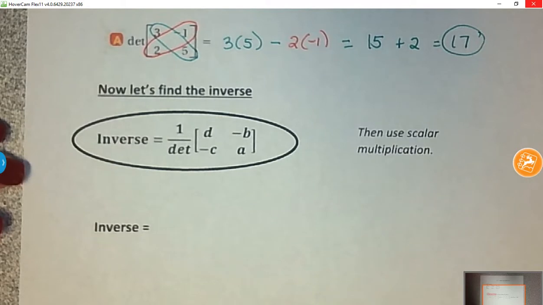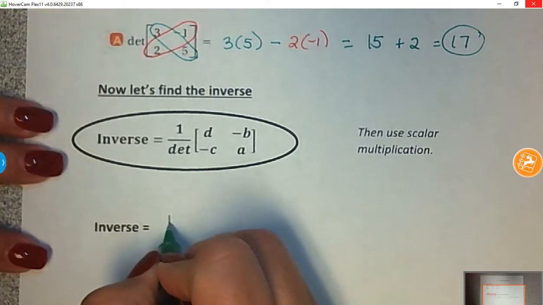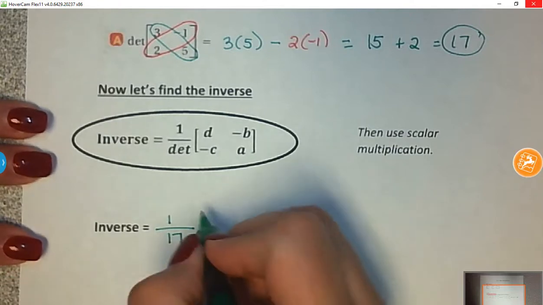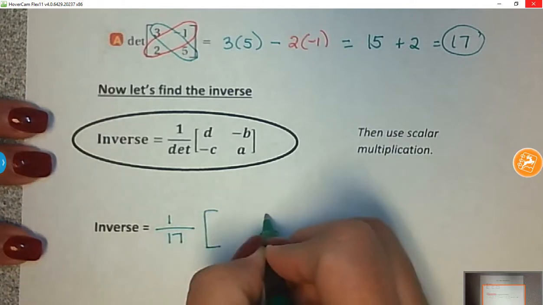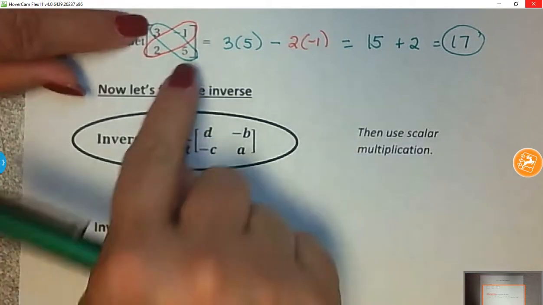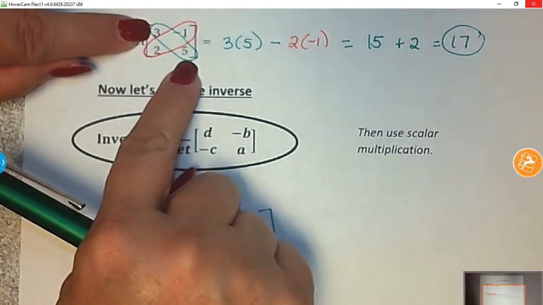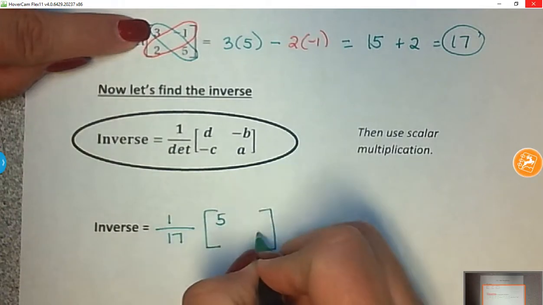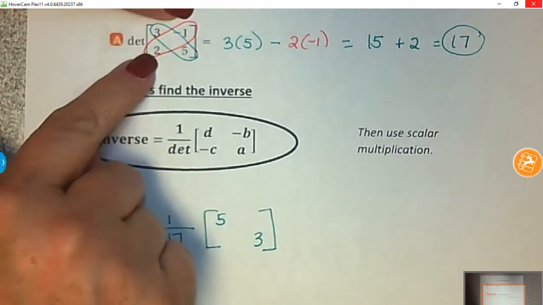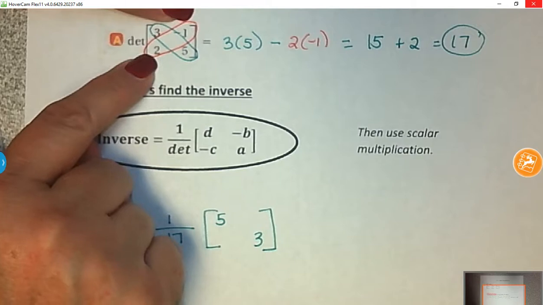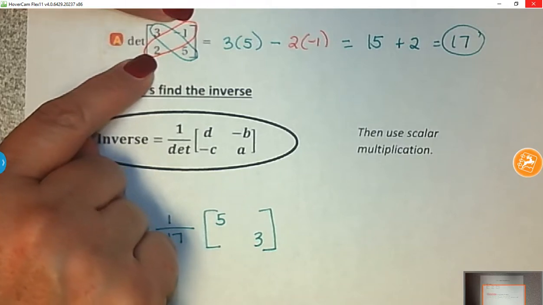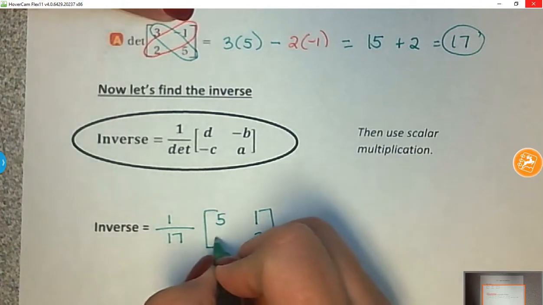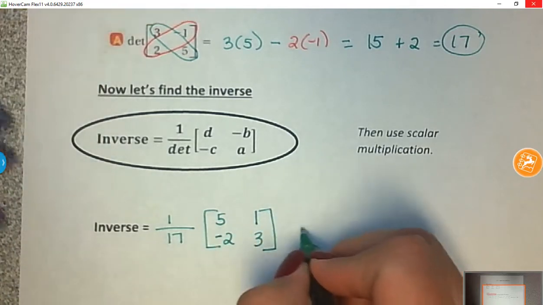So I want to do that for this problem. If I'm going to find the inverse, I put 1 over the determinant, which was 17. And now this 3 and 5 are going to swap places. The -1 and 2 are going to stay where they are, but I change their signs. So the -1 becomes positive, the 2 becomes negative.